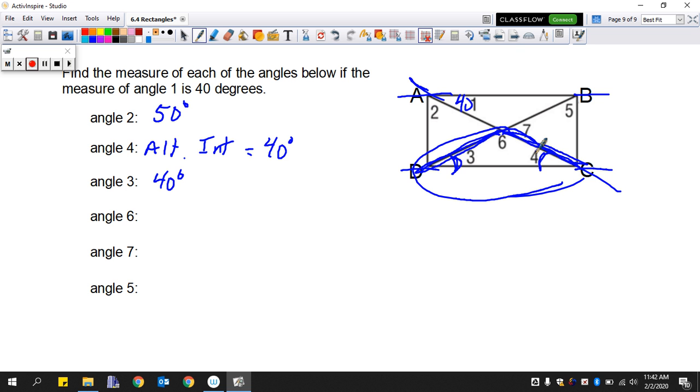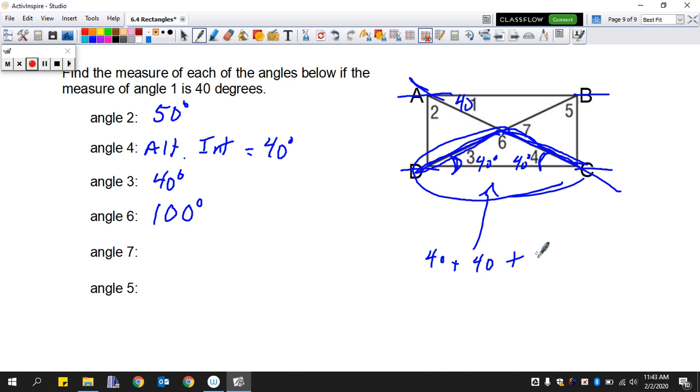So if this is 40, this is 40, okay? 40 plus 40 is 80, so angle 6 has to be 100 degrees, okay? So 40 plus 40 plus x is equal to 180.